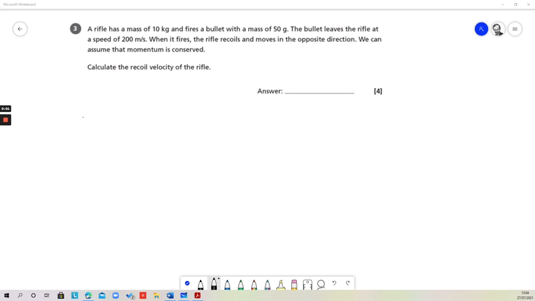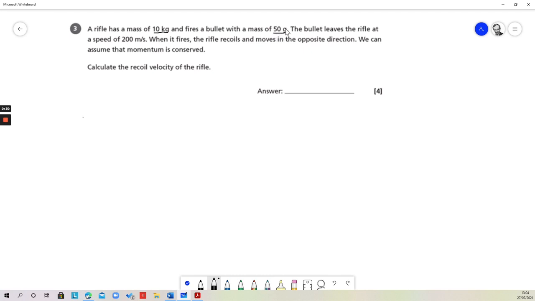The next question involves a multi-stage calculation, and what we're going to be doing in this calculation is working out what the recoil velocity of the rifle is. So the situation here is that we've got a rifle, and we're told the mass of the rifle, and we're going to be using that's 10 kilograms, and the rifle is firing a bullet, and the bullet has a mass of 50 grams.